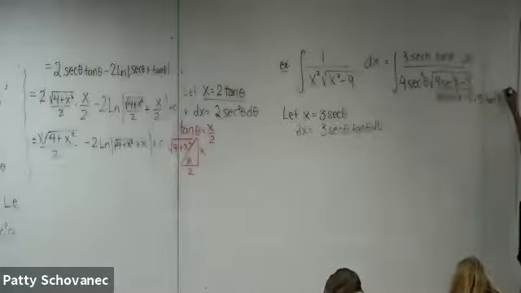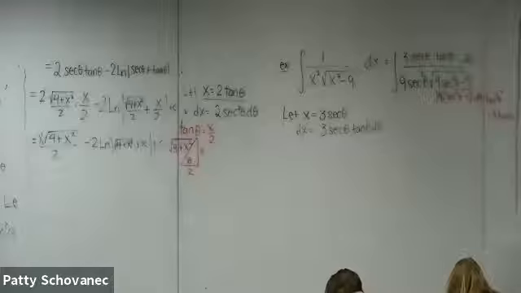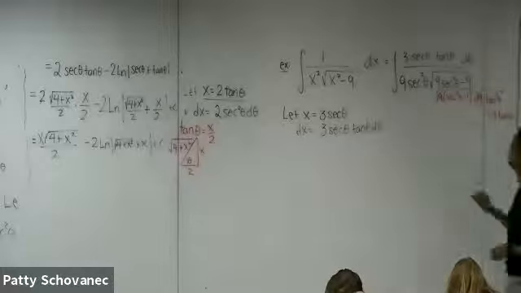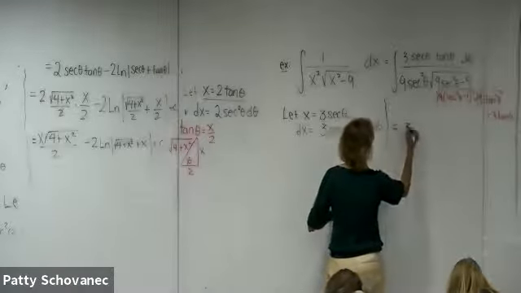So I take the square root of that, and it becomes 3 tan theta. So in the next step, I'm going to rewrite that problem, take the radical sign out, and put in 3 tangent of theta. I still have the numerator the same.